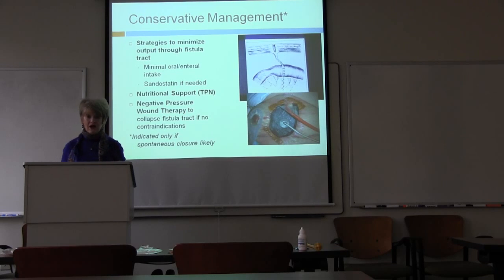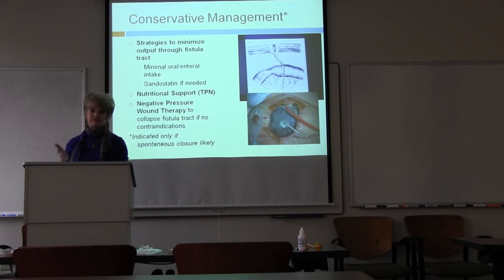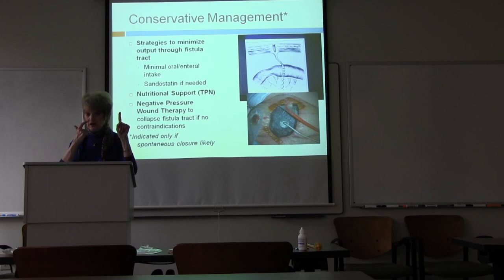So when you look at strategies for reducing output through the fistula tract and improving the potential for spontaneous closure, think about oral enteral intake, minimize that. Get it down to about 20% of their nutrients. Think about a 2 to 3 day trial of sandostatin to see if you can further reduce output through the fistula tract. Okay, so now you've met goal number 1. You have minimized output through the fistula tract. You've gotten it down as low as possible.